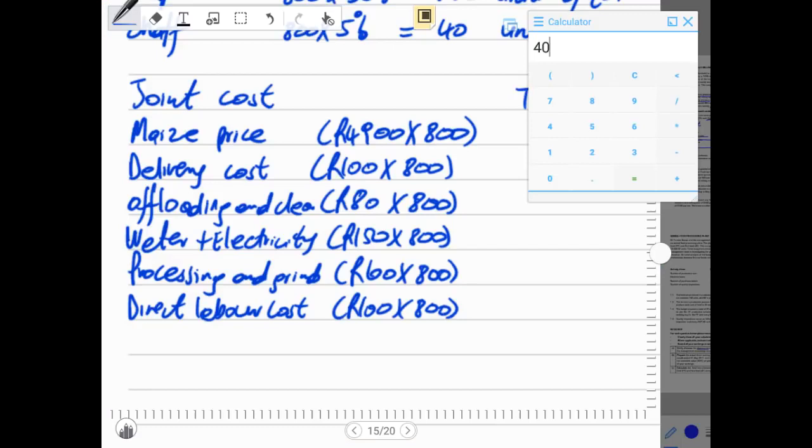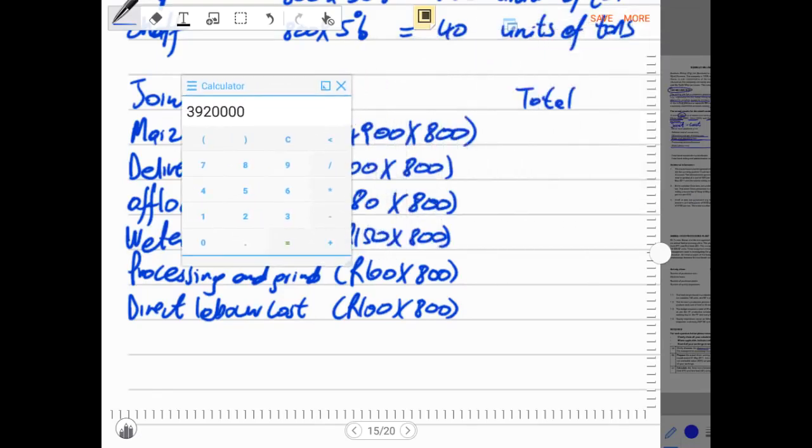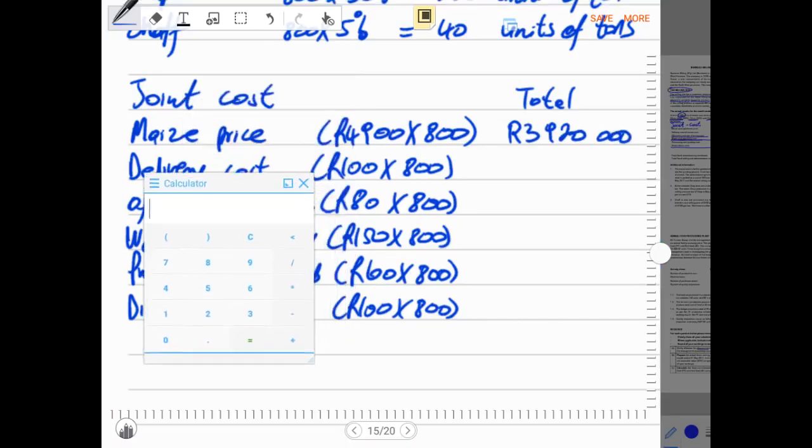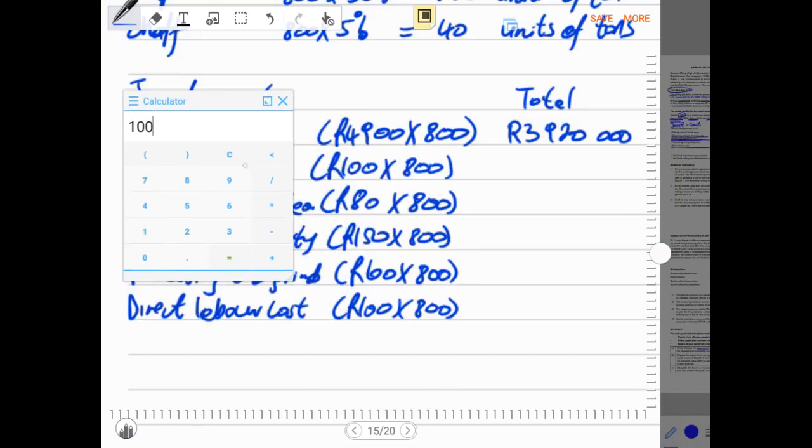So let us do the calculation of the joint cost. 4,900 times by 800 gives us 3,920,000 rands. Then after we have 100 times by 800, which gives us 80,000.